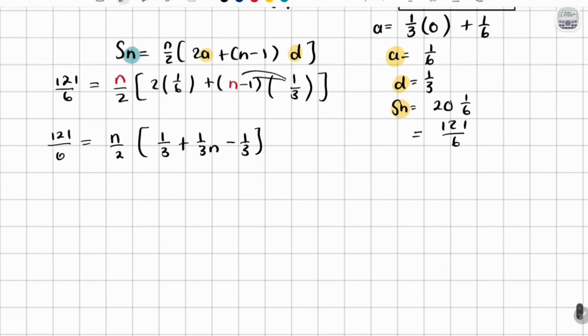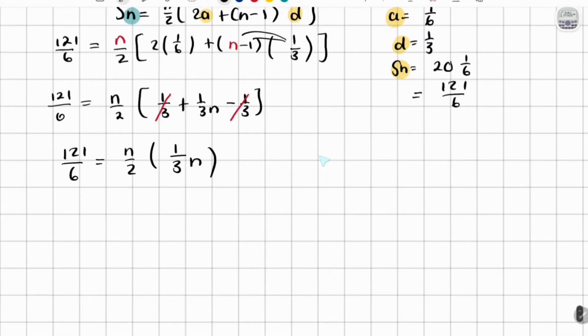Now inside, the 1 over 3 and 1 over 3 cancel. You're left with 121 over 6 equals n over 2 multiplied by 1 over 3n. 1 over 3n can be rewritten as n over 3, because 1 over 3 and n are next to each other, and when things are next to each other, they're being multiplied by each other.